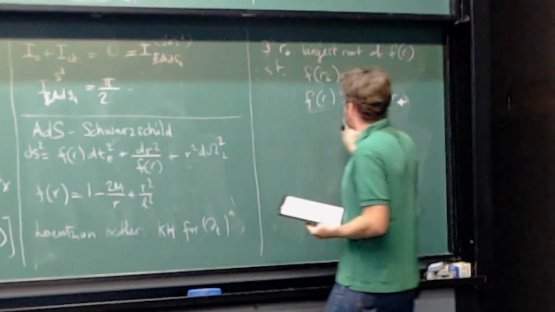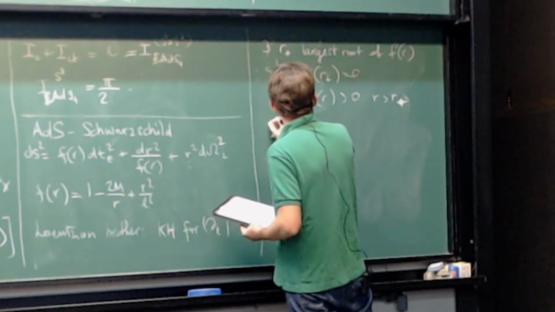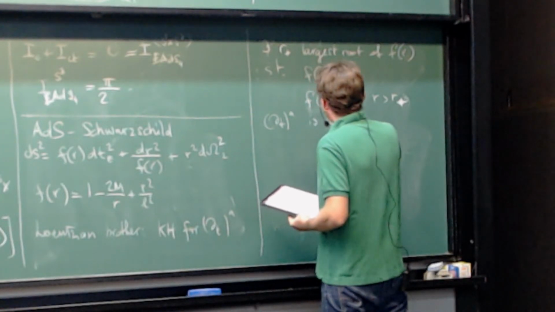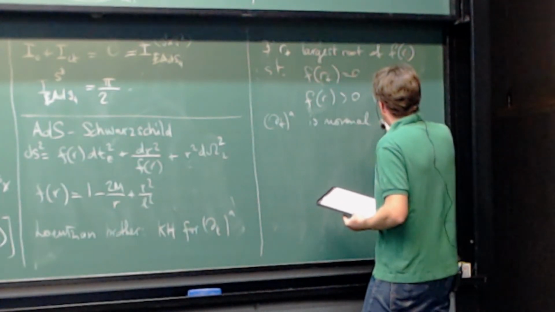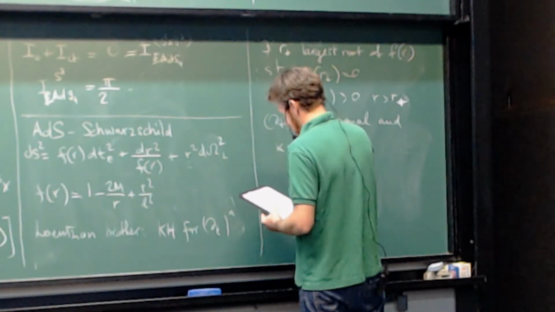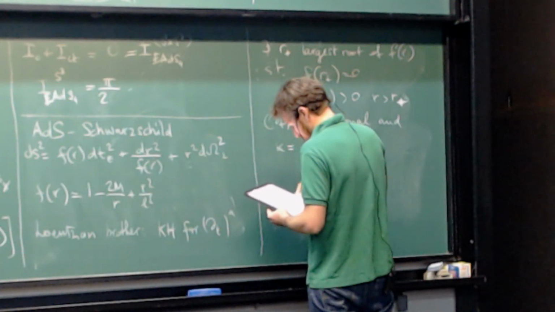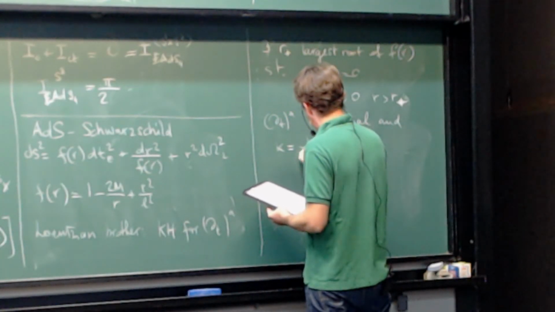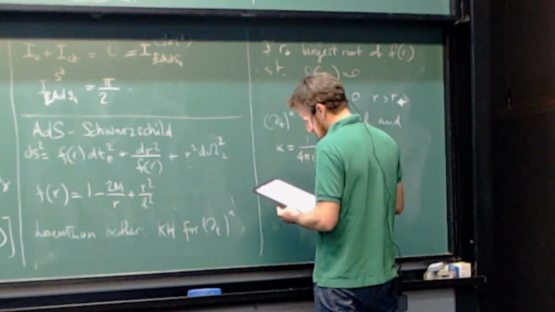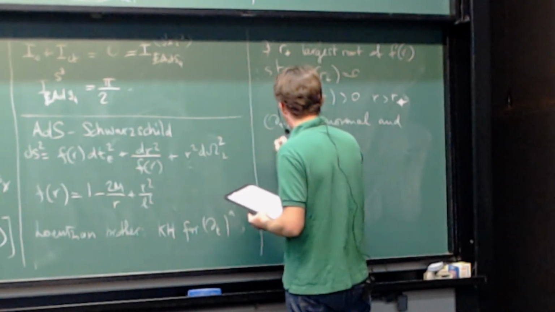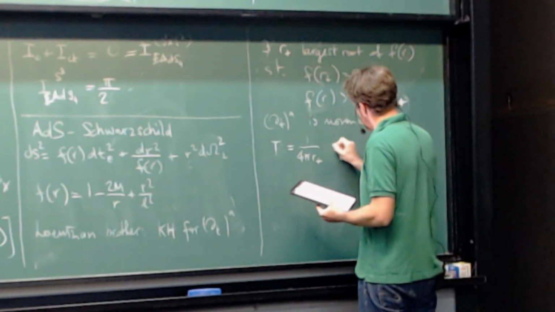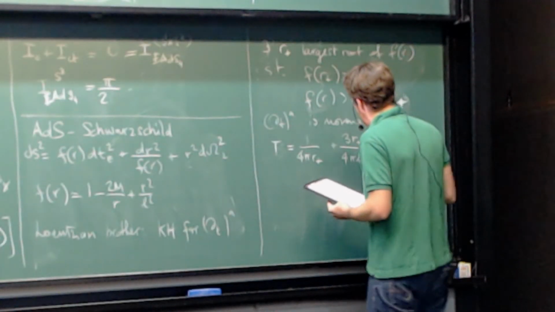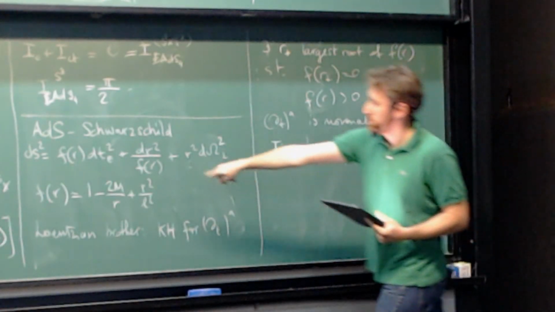Moreover, you can show that it's a Killing horizon, so that dt is normal to this surface, and you can compute the surface gravity. Sorry, well, you can compute the temperature associated with this Killing horizon. 4 pi L squared. r plus is some function that solves this cubic.